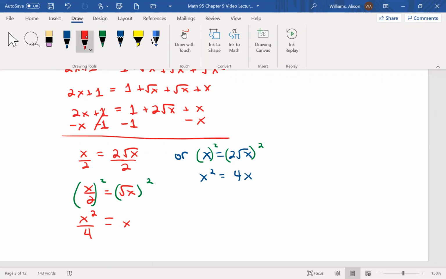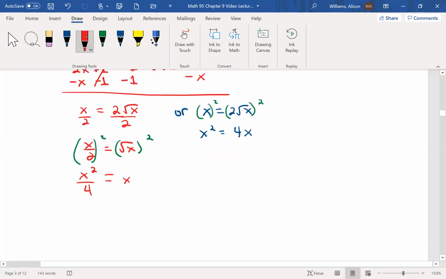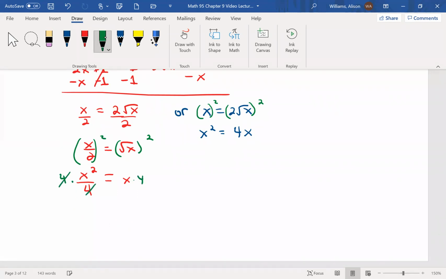And actually, that's what I have right here on the left, because at this point, I would multiply both sides to get rid of the 4, to cancel that fraction. So it actually makes more sense to do it this way. This way is a little simpler. I get to that x squared equals 4x quicker, but both ways will end up getting me to the same place.